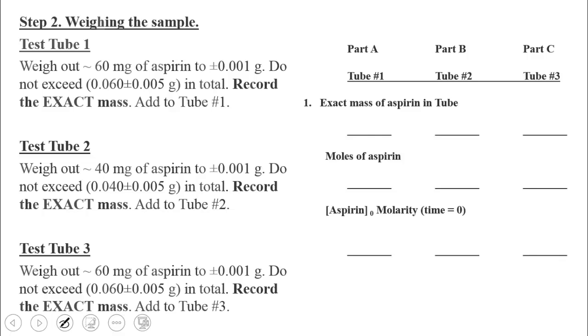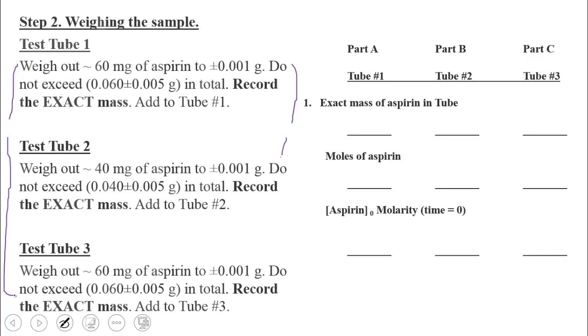Now, you will be weighing out different amounts of aspirin into your test tubes. In test tubes 1 and 2, we are going to be changing the concentration of the aspirin. Test tubes 1 and 3 will have the exact same amount of aspirin in them; we'll just be varying the temperature.